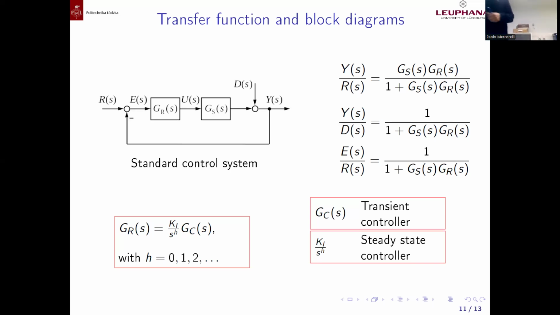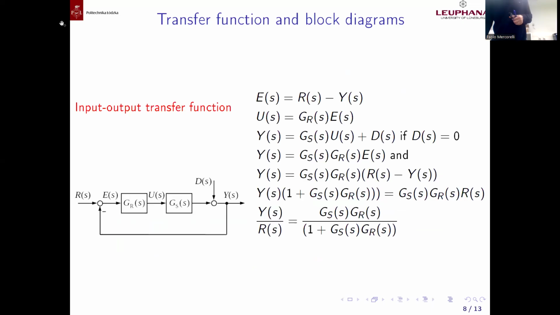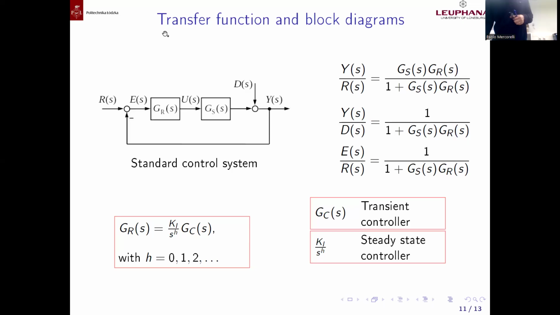why these two transfer functions, the transfer function between disturbance and output, and between goal and error, in the sense of the discrepancy between what I want to obtain and what I have, are the same.